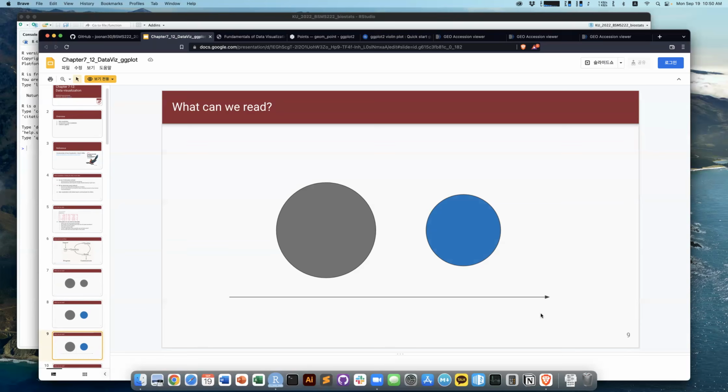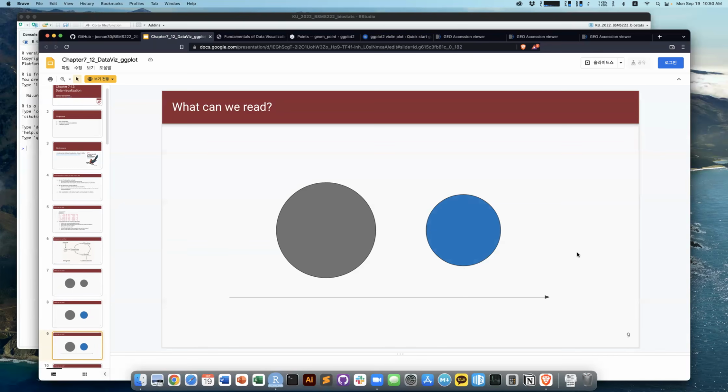Okay, so we add one more object in this plot. Now we add an arrow under the circles. So what can we get from this information? Okay, let's forget about the year of students or something. We're just talking about the general situation.